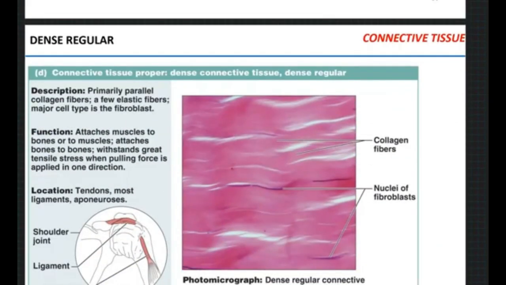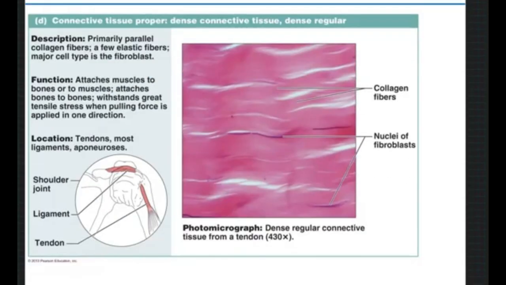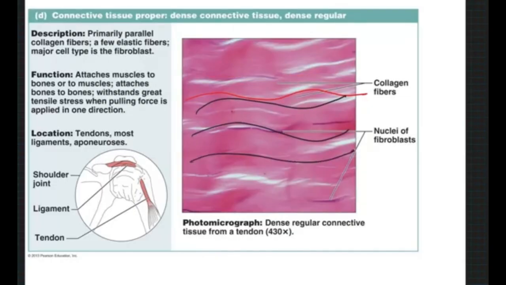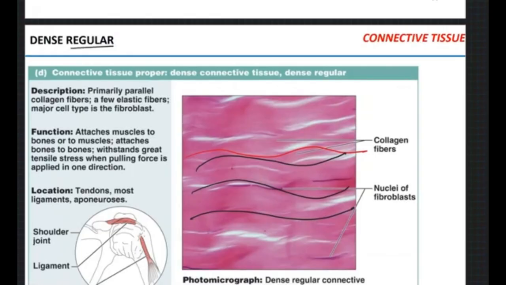So now we're moving on to dense regular connective tissue. What you see here is a bunch of parallel fibers. Okay, see that? So these fibers are parallel. This is why the term is regular.